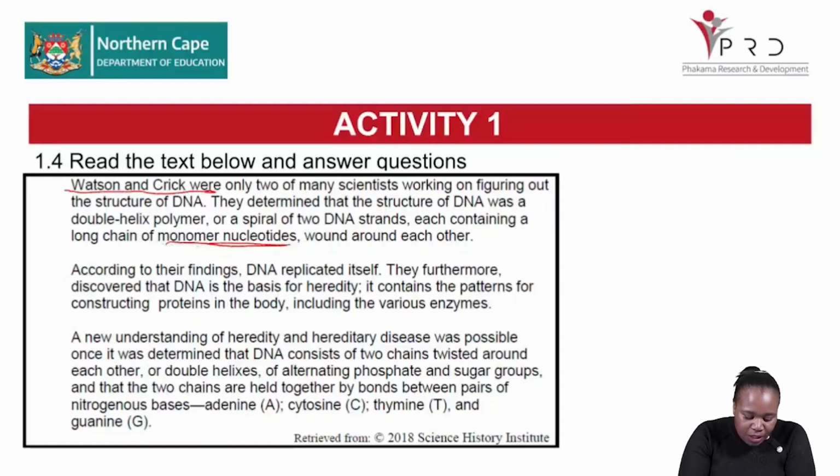A new understanding of heredity and hereditary disease was possible once it was determined that DNA consists of 2 chains twisted around each other, or double helices of alternating phosphates and sugar groups, and that the 2 chains are held together by bonds between pairs of nitrogenous bases, adenine, cytosine, thymine, and guanine.